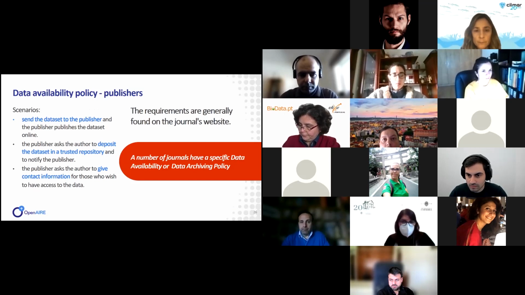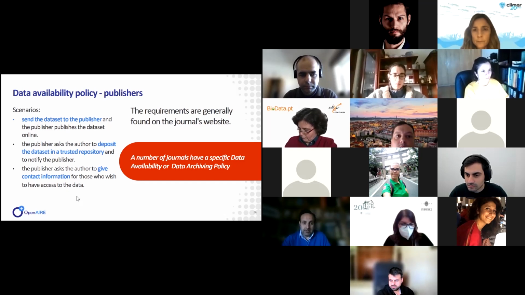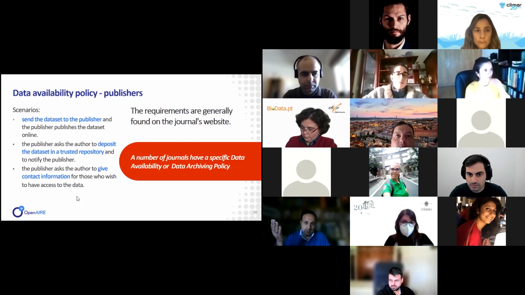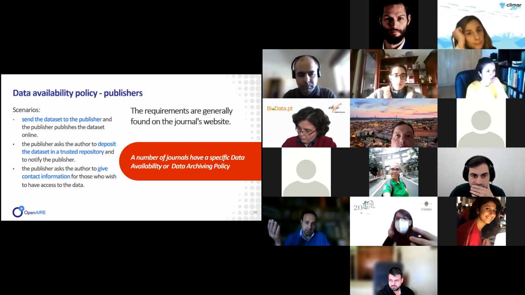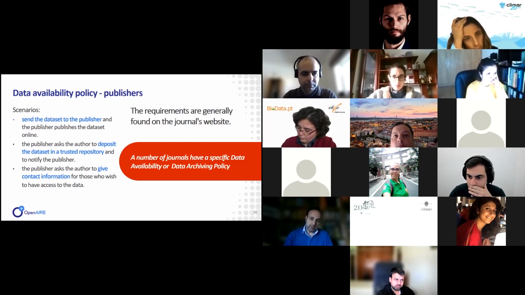What are the types of policies that publishers have? Usually, to simplify, there are three types. Some publishers ask the authors to send the data set to the publisher for a specific service, via email, as supplementary material. Some publishers ask the author to deposit in a trusted repository based on a list, or just point to Re3data. If a repository is listed in Re3data, you can use it.